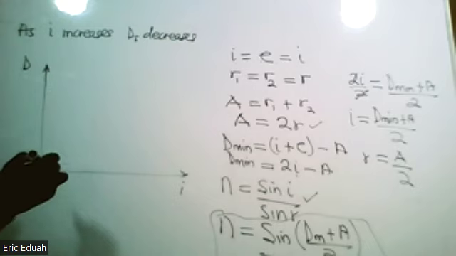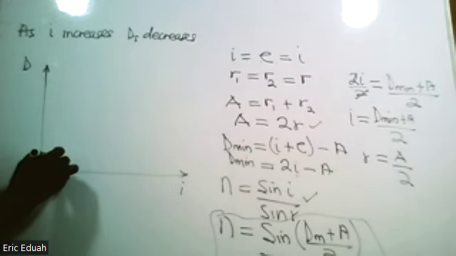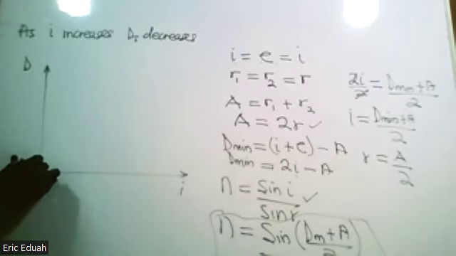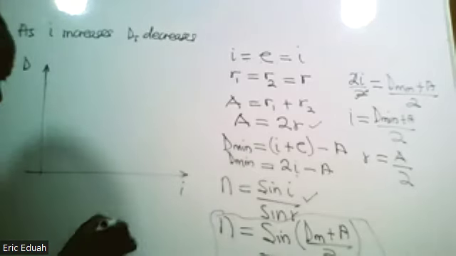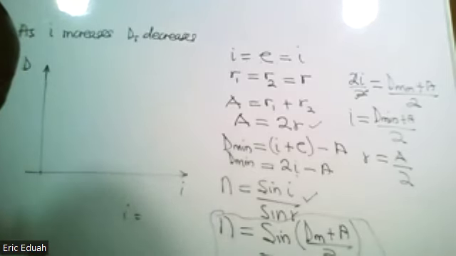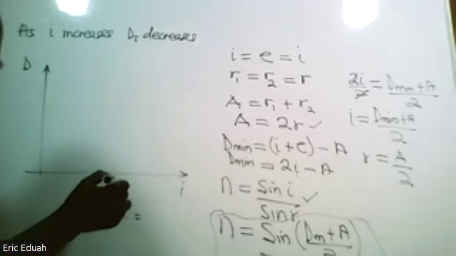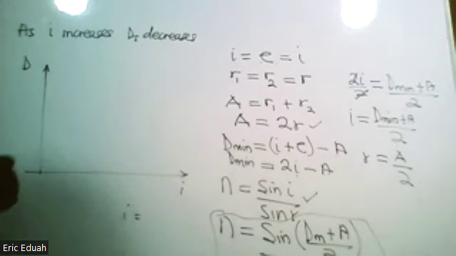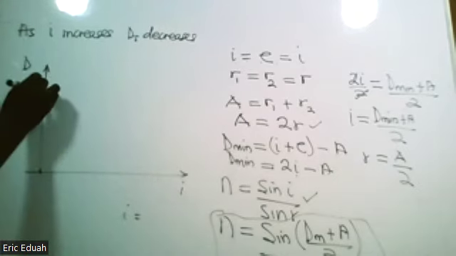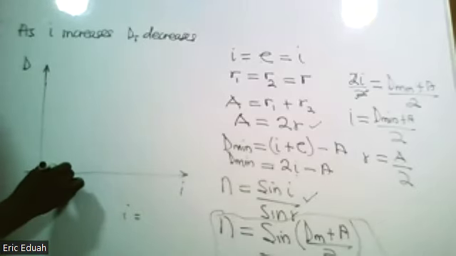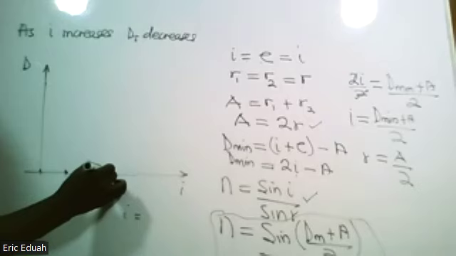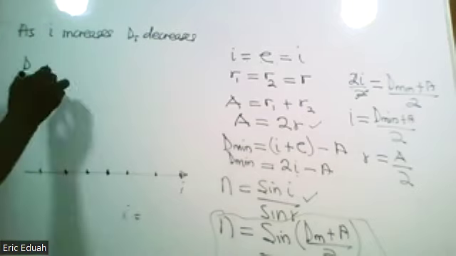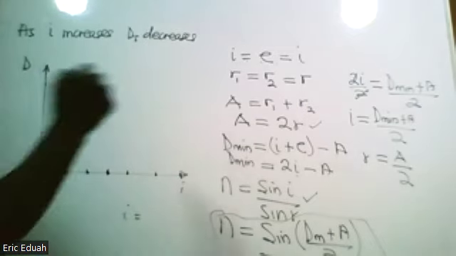So if i is increasing, then when i is zero, there wouldn't be any deviation. When a ray is along the normal, the ray does not deviate. But when i increases, then D will start from a maximum value.